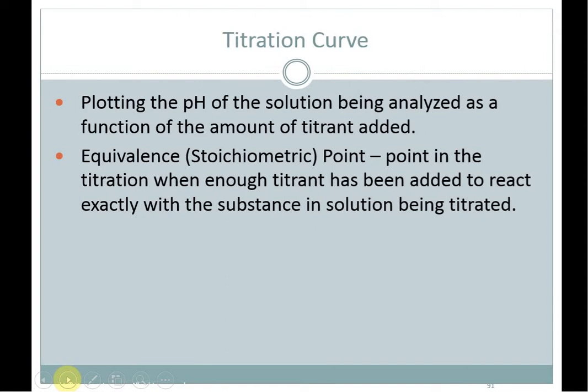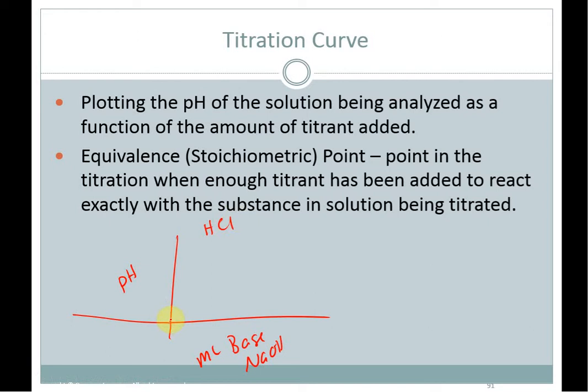Now, when you are looking at titration curves, you can look at, in general, strong acid and a strong base. Let's do pH versus mL base. You have a strong acid, strong base.